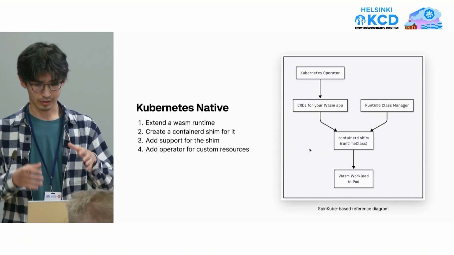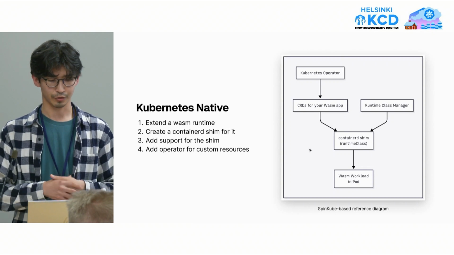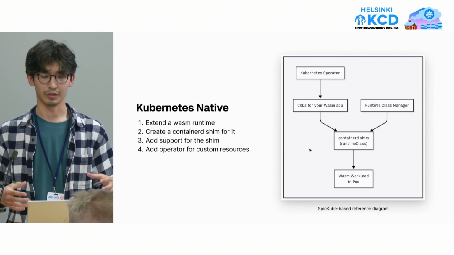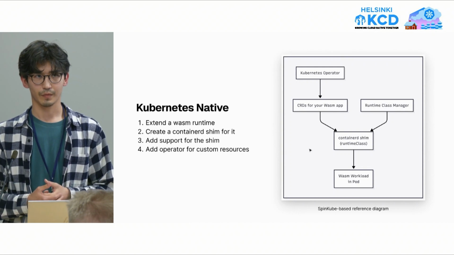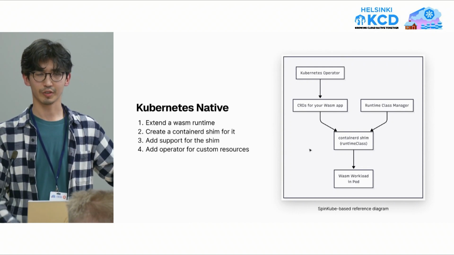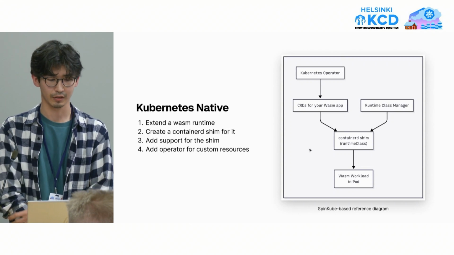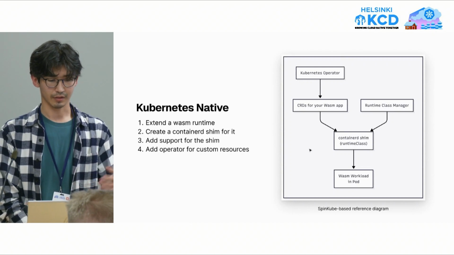So their basic setup, from what I've researched, is to extend the Wasm runtime with your custom interface. They've included some WebAssembly interfaces that are not compiled into the WebAssembly System Interface standard, extended their runtime, the Spin runtime, with it.